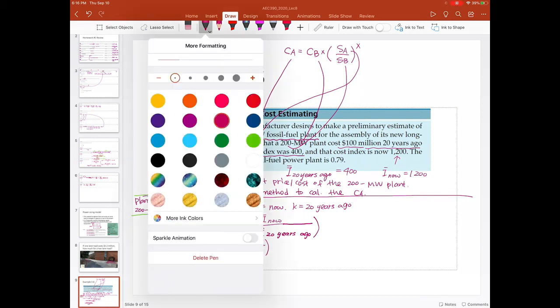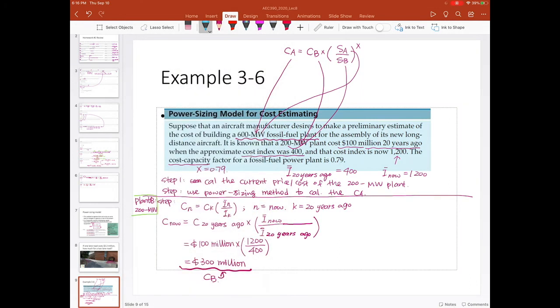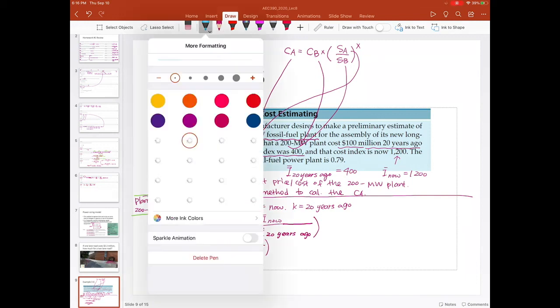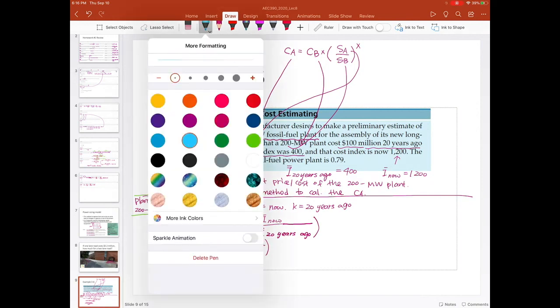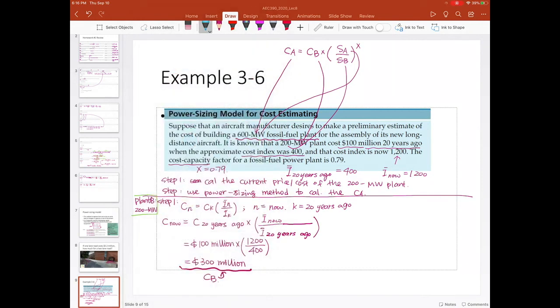Okay. So step 2, this is step 1. And then let's change the color. And let's do step 2. Is to use the power sizing function, okay?